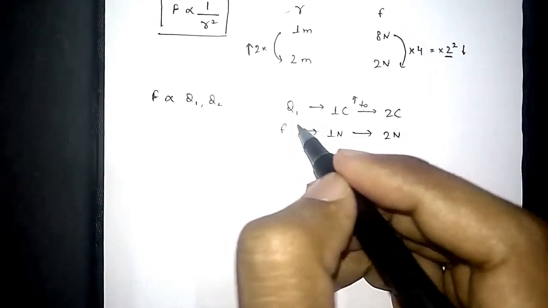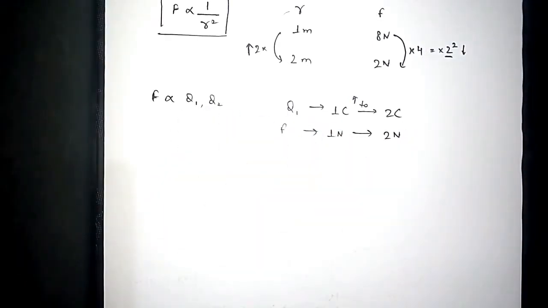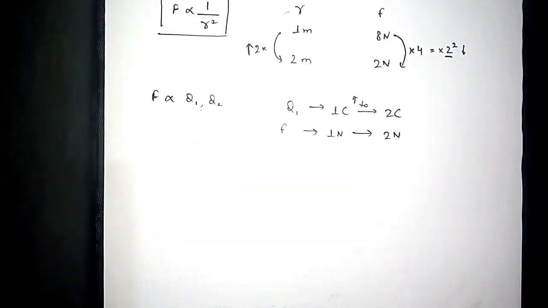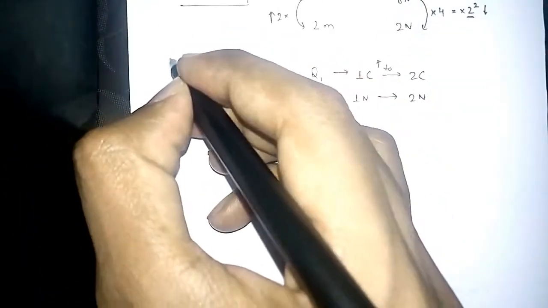So the force was directly proportional to the values of Q1 and Q2. So this is the second thing which he noticed.